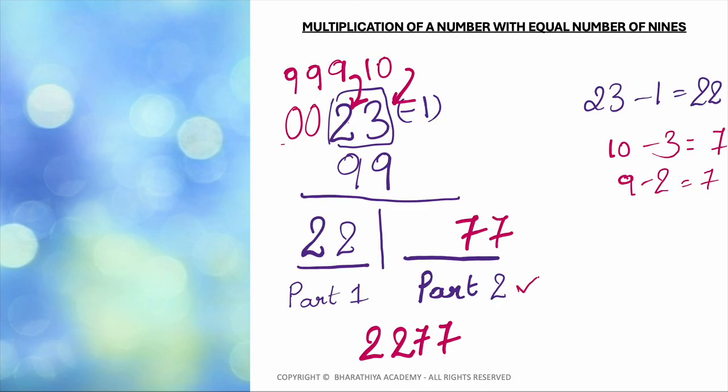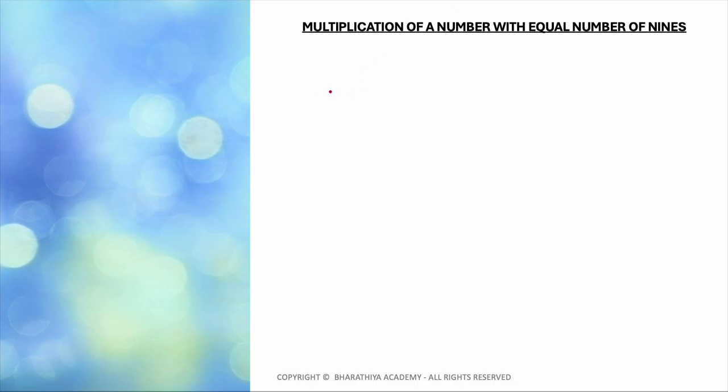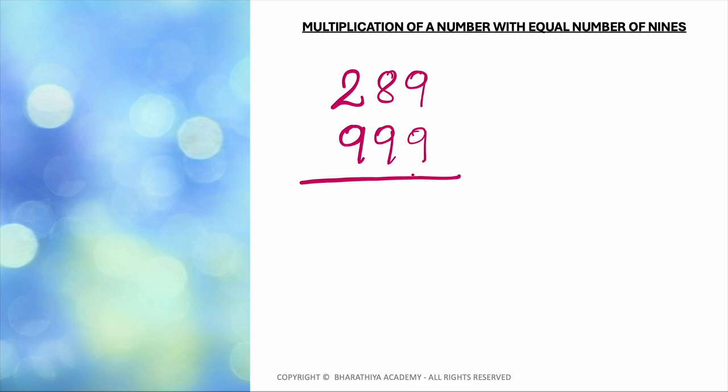This time, let's do a three-digit number. So here we will do 289 into 999. I'm writing 999 because in today's session we are trying to learn multiplying a number with an equal number of nines.